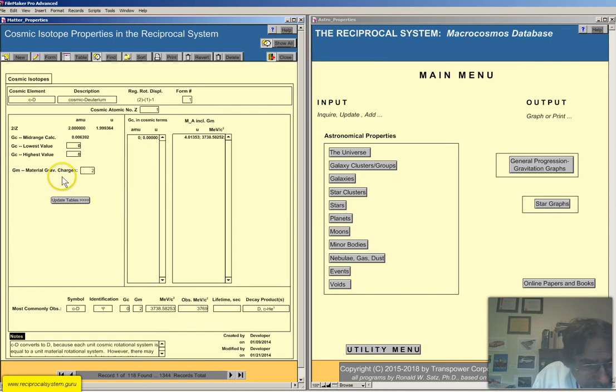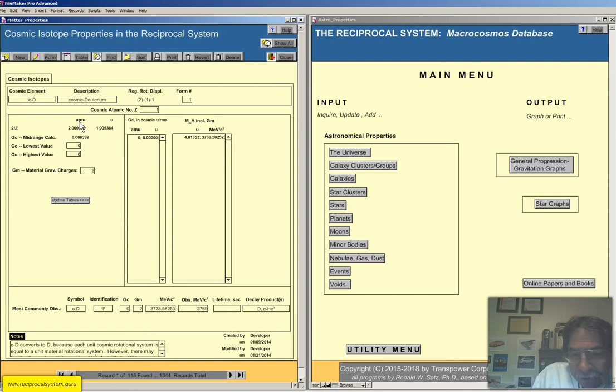Now this one is pretty simple. There's just the Z factor here. There's 2 over Z, so we have the AMU here, which is precisely 2. This AMU is based on oxygen, whereas U is based on carbon, incidentally. So there's a slight difference between the two values here, 1.999, etc. for U. So just keep that in mind.